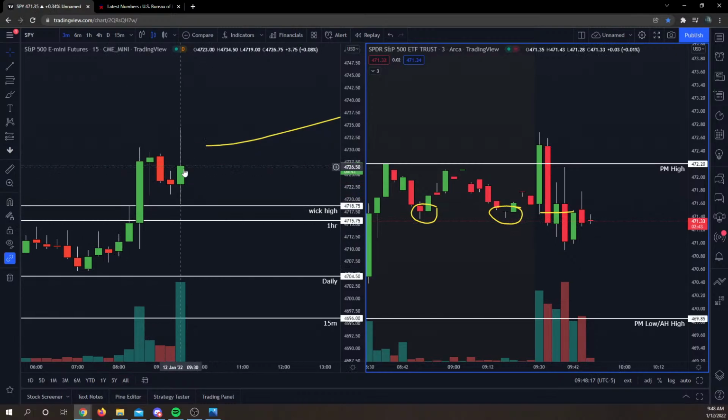Still very large wicks on either side of this E-mini future candle here on the 15-minute. Now, something that I like to also talk about when we're scalping or day trading is enter on your 3-minute, monitor the 15-minute. So you can see me doing that right here.